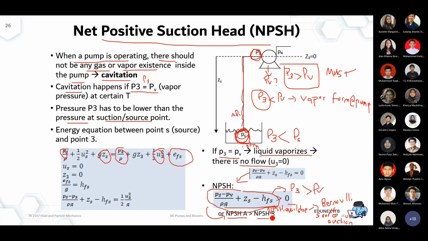Where can I get my NPSH required? Again, this comes from the pump curve. Remember the previous pump curve, the secondary y-axis. At those conditions, the number is 3 meters, if I'm not mistaken. So in that previous example, you have to make sure that your NPSH available is at least 3 meters or more to make sure that you don't have any cavitation.